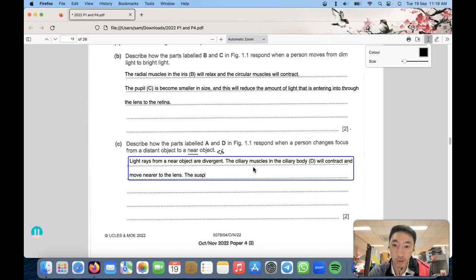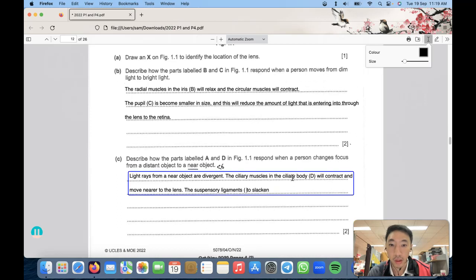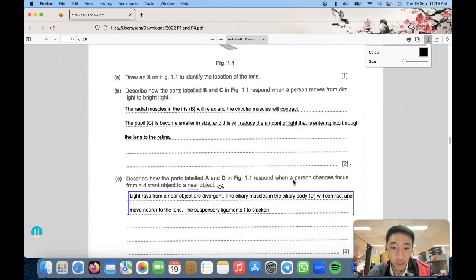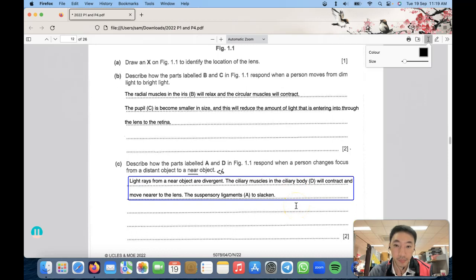That will cause the suspensory ligaments to slacken. What's the suspensory ligament letter again? It is A. The suspensory ligaments slacken.